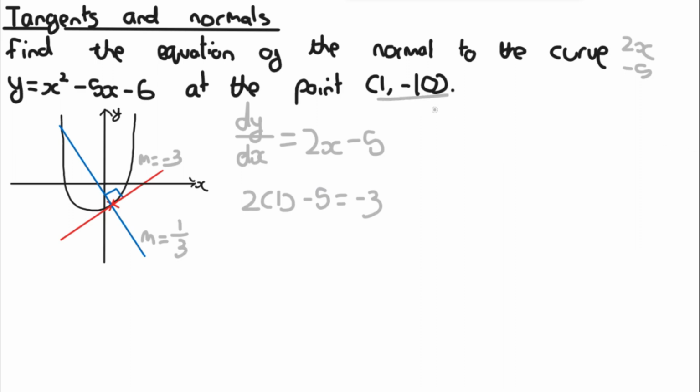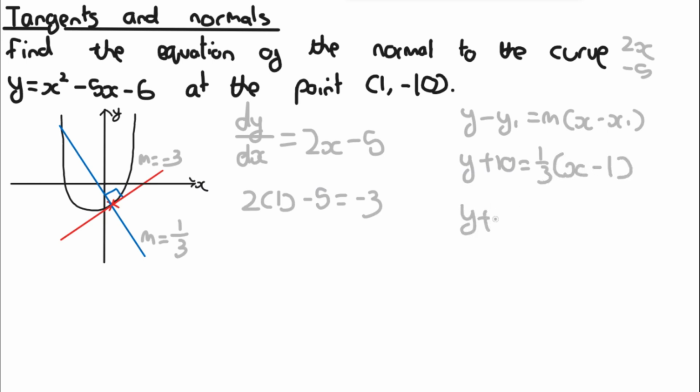So now we have a point and we have a gradient, so we can use the equation y minus y1 is equal to m times x minus x1. So y, and then it's minus minus 10, so it's going to be plus 10, is equal to 1 over 3 times x minus 1. Expand the brackets to y plus 10 is equal to 1 over 3x minus 1 over 3.